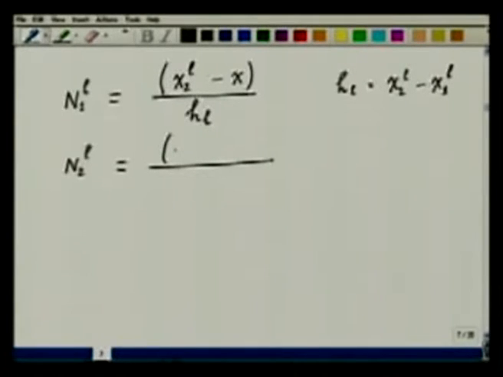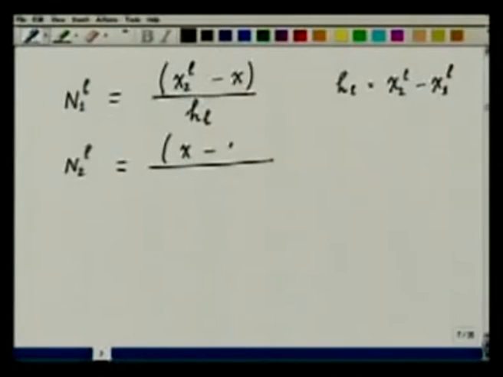Similarly, N2L is equal to, since it is 0 at the point x1L and 1 at the point x2L, it is equal to x minus x1L divided by HL. As simple as this. And this is nothing but the phi L, N1L is the phi L and N2L is the phi L plus 1 in the element IL. Okay.